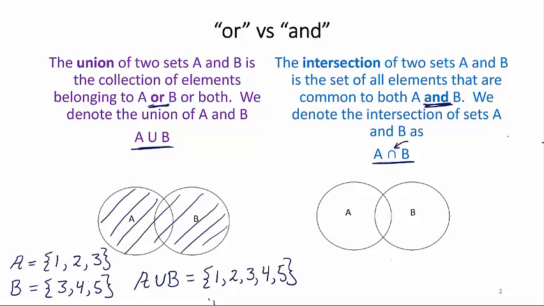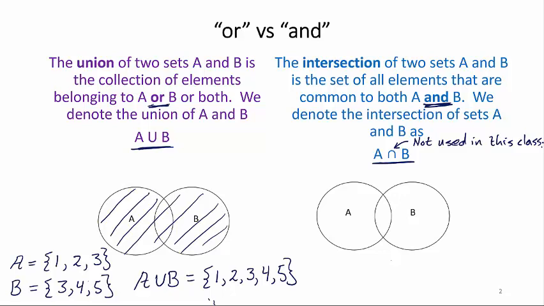Incidentally, this symbol for the intersection is not going to be used in this class. We will use a special kind of AND statement, and it's important that you understand the difference between an AND and an OR statement, but we'll never encounter a scenario where that symbol is used.